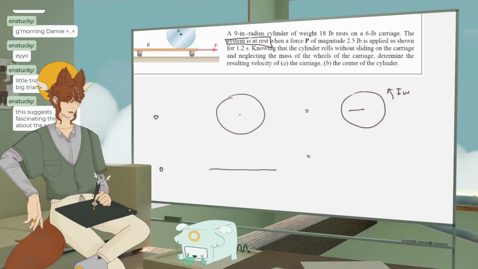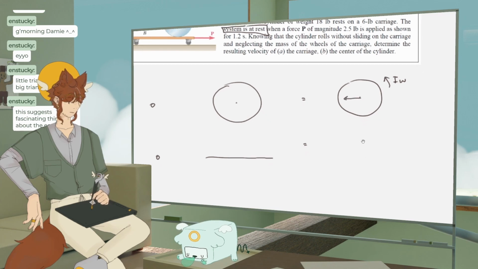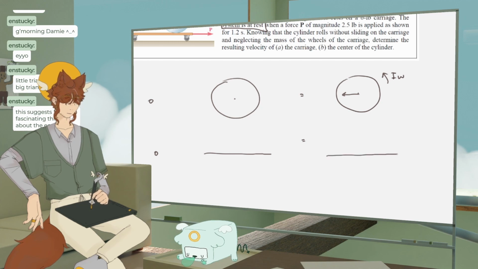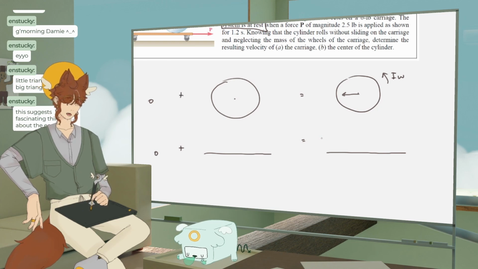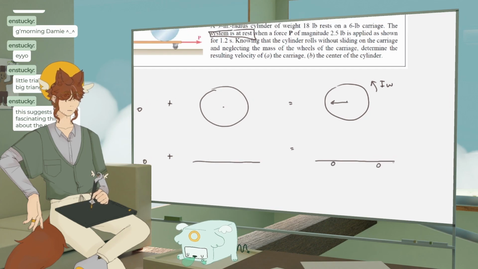But then I rolled a pencil in my hand, and that never happens. It's like when you try to draw a horse, and you don't think about how to draw a horse until you have to. This is not going to rotate. Definitely not. So it's just going to have a velocity in some direction, probably this direction.